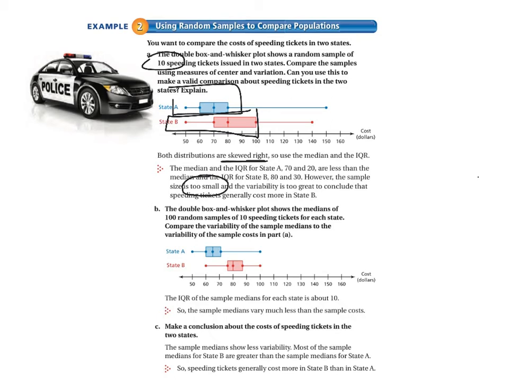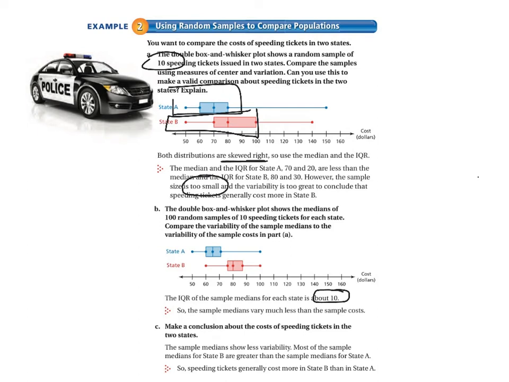The double box and whisker plots show the medians of 100 samples of 10 speeding tickets for each state. Compare the variability of the sample medians to the variability of the samples in Part A. So the IQR of the sample medians for each state is about 10.